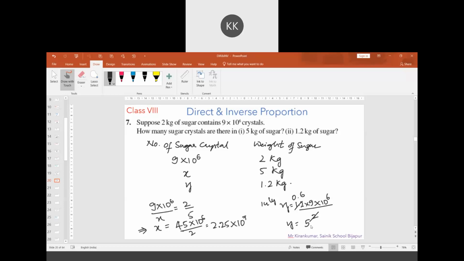So we get 5.4 into 10 to the power of 6. You observe this: one is in terms of 10 to the power of 7, this is in terms of 10 to the power of 6. So we know that the more the weight, the more will be the number of crystals. Understood?